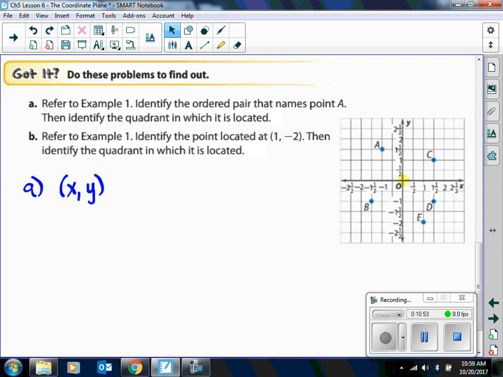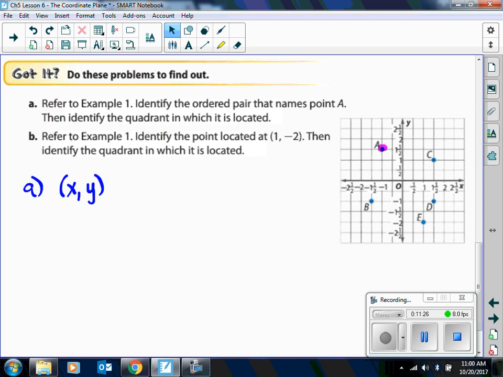So we're going to start at the origin. Does everybody see this? Can you see the yellow dot? We're going to start at the origin, and we're going to move which way, left or right? To the left. So we're going to move to the left, 1, 2, and then we're going to move up, 1, 2, 3. Now, if we were counting by ones, that would be negative 2 comma 3, right?